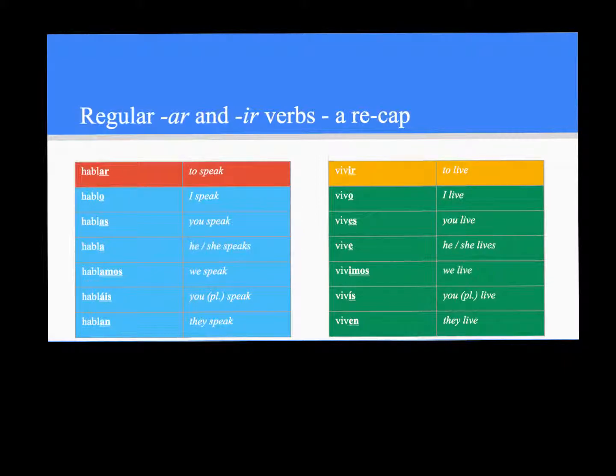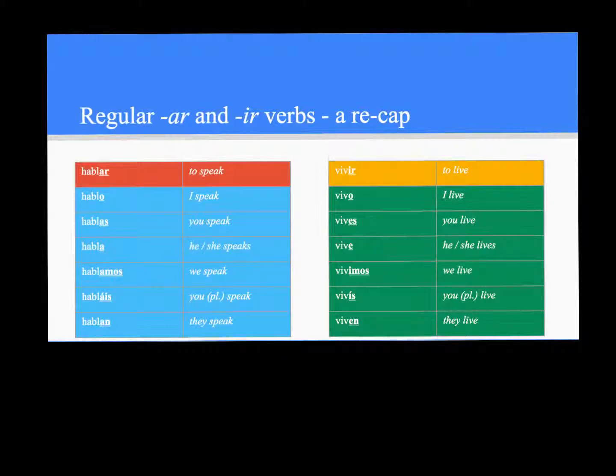You're probably also familiar by now with the idea that as each of these endings in turn is different from all the other ones, we rarely need to use a word here for I or you or he, she, it, etc. The ending of the verb makes it exactly clear who is doing the speaking.